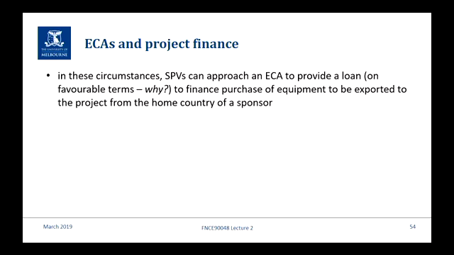So if there is a need to export equipment, the export credit agencies may agree to a loan to fund the purchase of that equipment. Now, I've said here on favourable terms, and we often see the side questions are put in italics. They're the things that you should think about and should be able to answer going forward throughout the semester. Why is it on favourable terms?